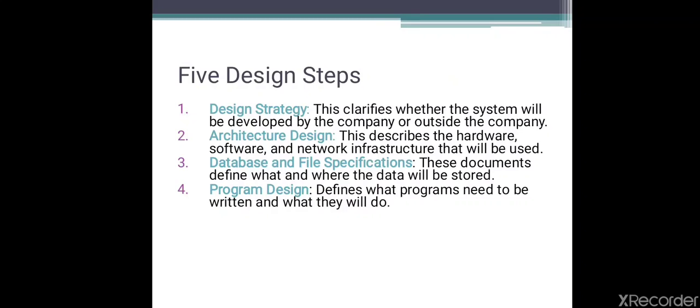The architecture design will describe the hardware, software, and the network infrastructure that will be used. The database and file specification will be defining what and where the data will be stored, and the program design defines what programs need to be written and what they will do.